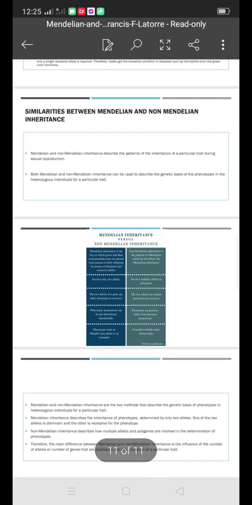Non-Mendelian inheritance describes how multiple alleles and polygenes are involved in the determination of phenotypes. Therefore, the main difference is the number of alleles or genes involved in the determination of a particular trait.